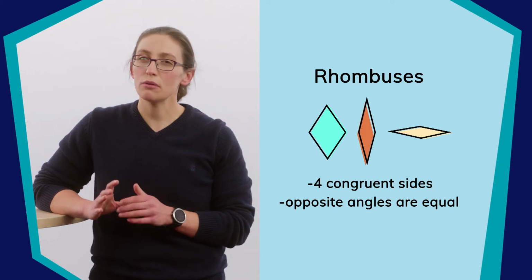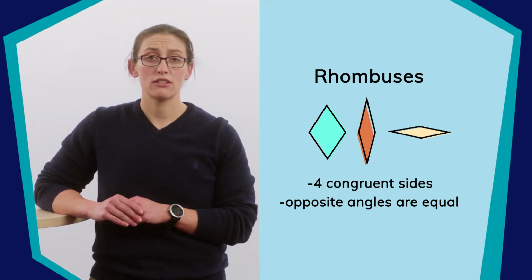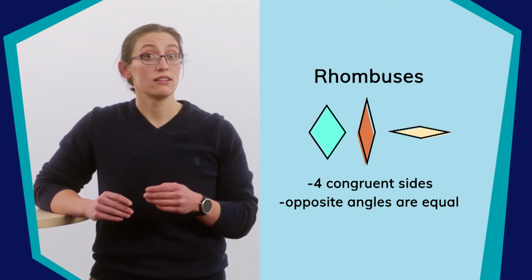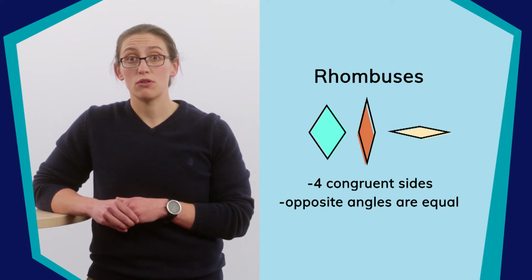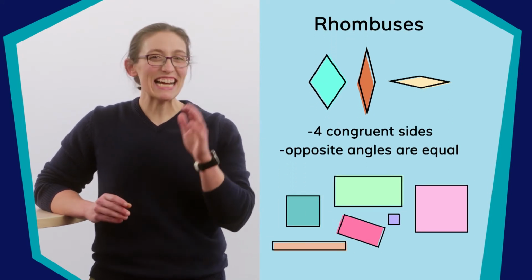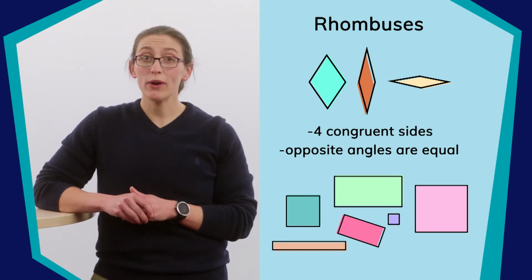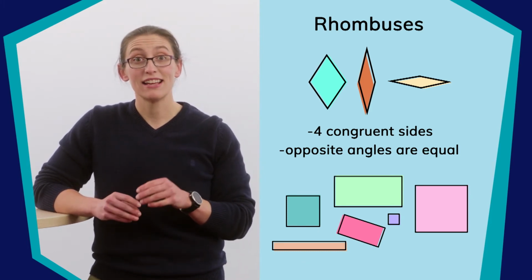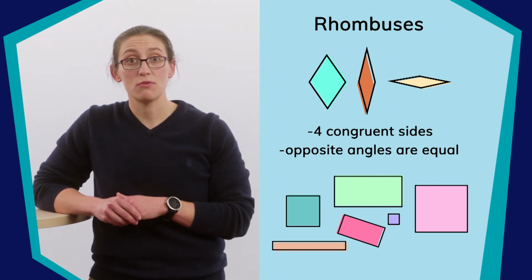So just a reminder, a rhombus has 4 equal sides and opposite angles are equal. Nice noticing. A square does have 4 equal sides and opposite angles are equal. How interesting is it that a square is included in a lot of these different categories of quadrilaterals? Did I almost say triangles? Whew.